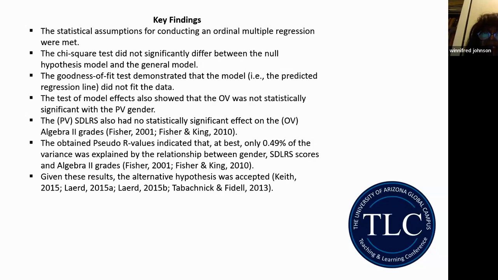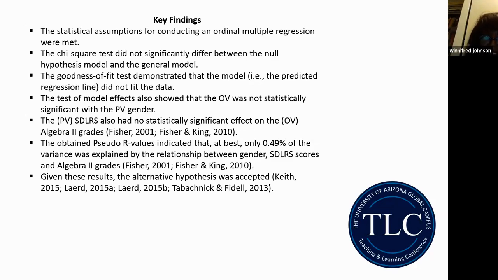Key findings. The statistical assumptions for conducting an ordinal multiple regression were met. The chi-square test did not significantly differ between the null hypothesis model and the general model. The goodness of fit test demonstrated that the model, that is, the predicted regression model, did not fit the data.